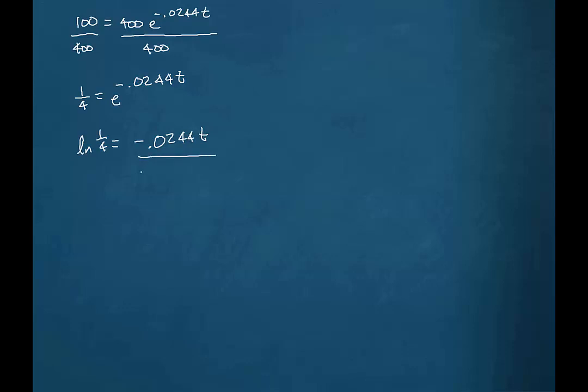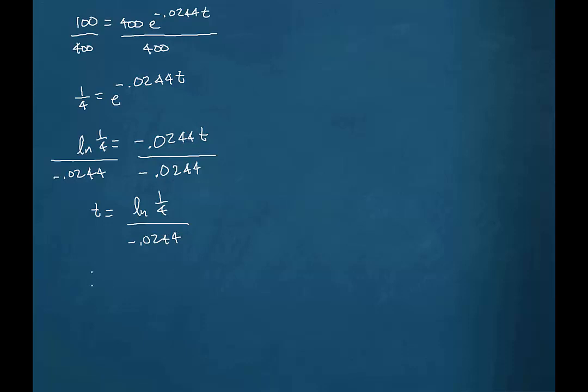We'll divide both sides by minus 0.0244, and then we will find t. t will be the natural log of 1/4 divided by minus 0.0244. Now that's the only way that we can express this exactly.